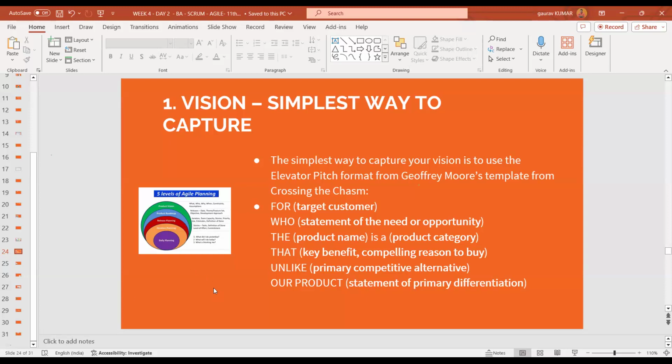For that they decide, okay, let's go ahead and buy Maggie, a brand known Nestle product.